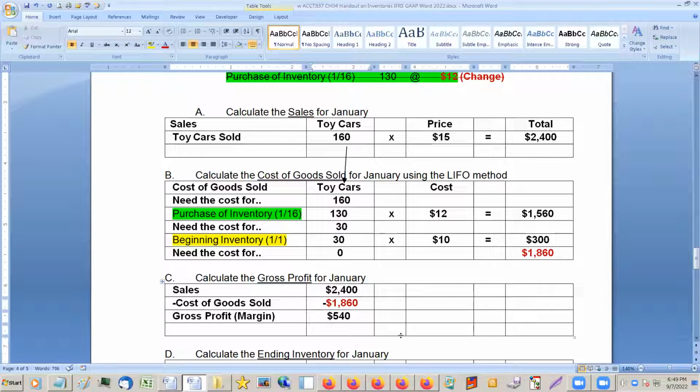Wait a minute. Right. $540. Okay, sorry about that.